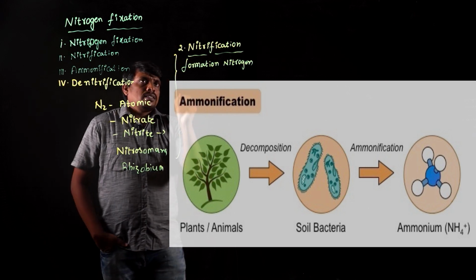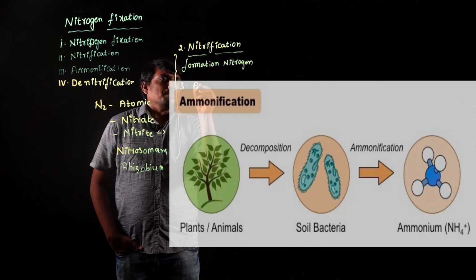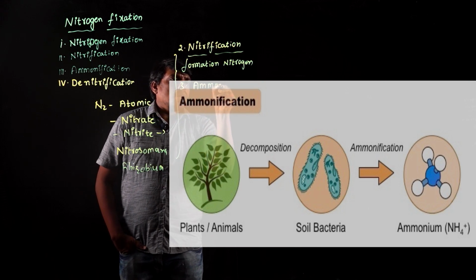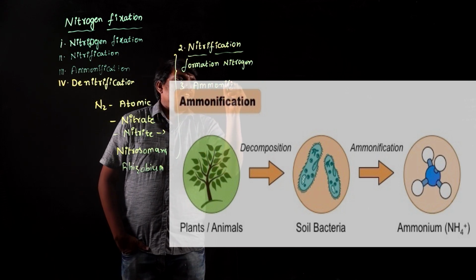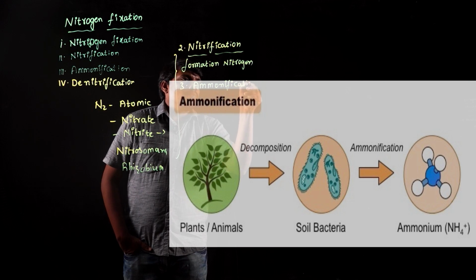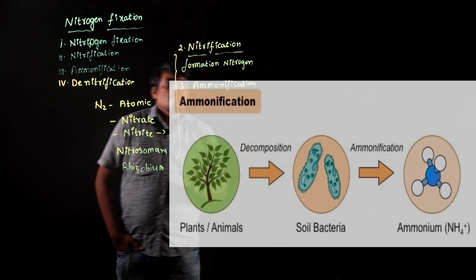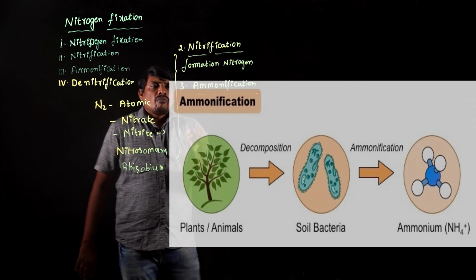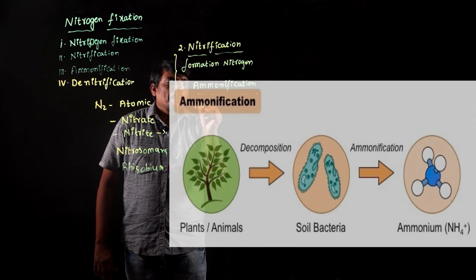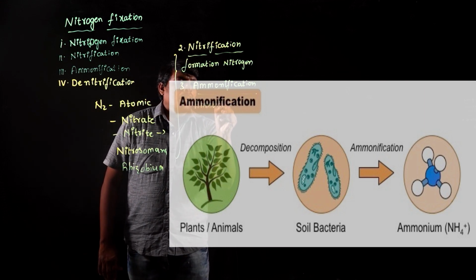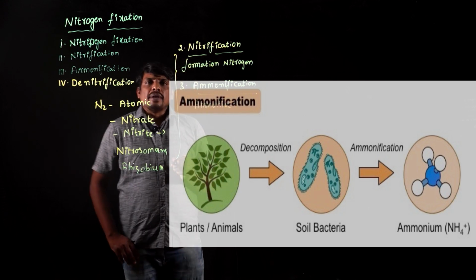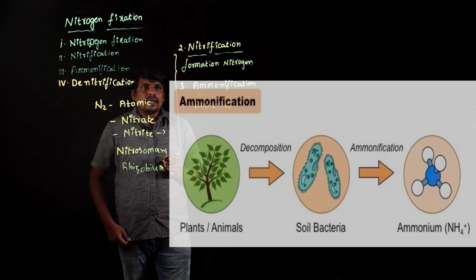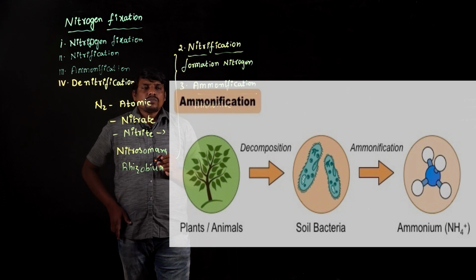If you see the process of ammonification, what changes occur during it? What are the steps taken? Let us see here. What do you mean by ammonification? Formation of ammonia from the nitrogen components is called ammonification.